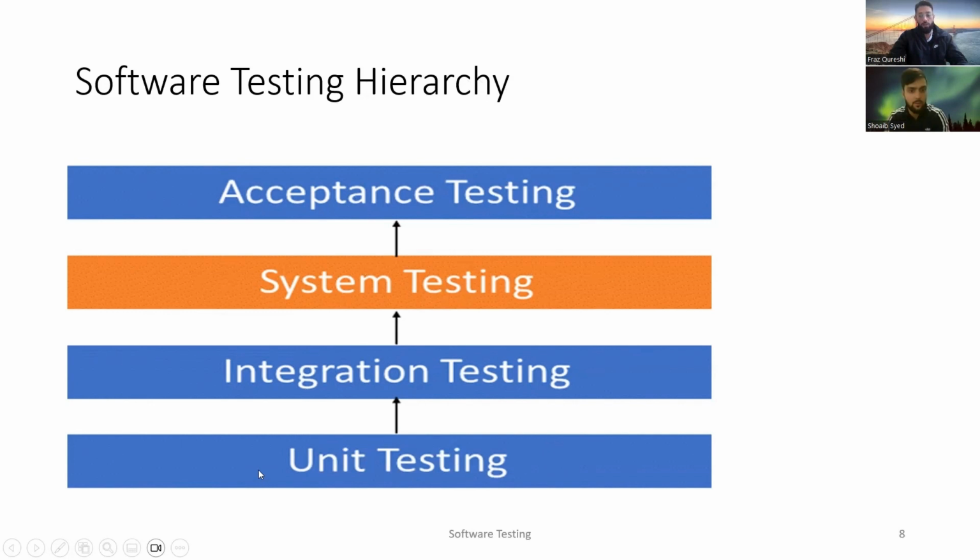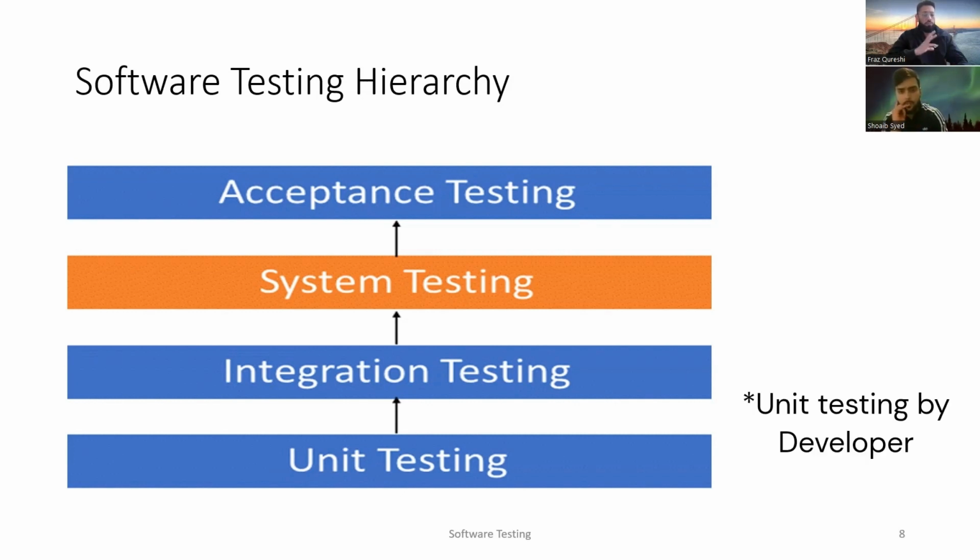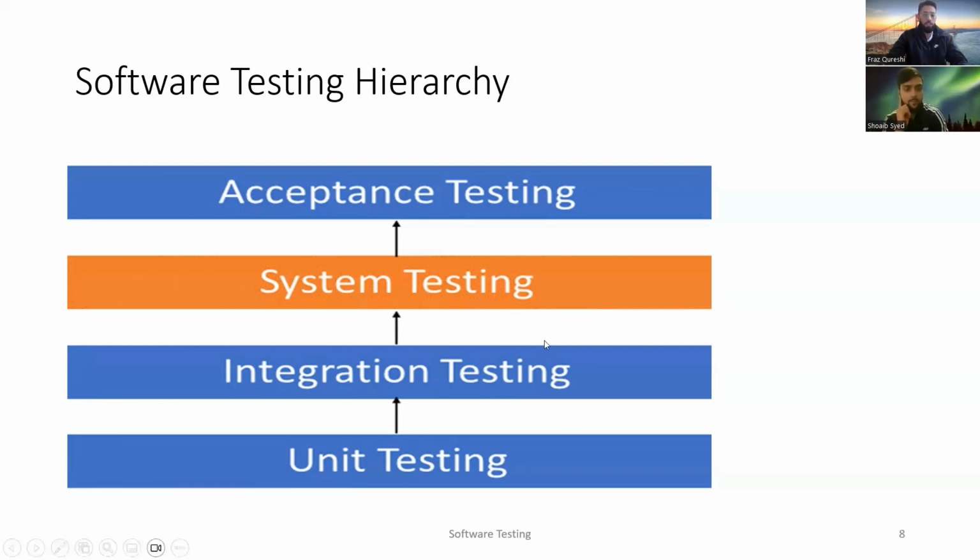You can think of it as one unit developed by the developer, and then the same unit gets tested by the developer, not the tester but the developer. We'll have more detail coming up on unit testing later on, but unit testing itself basically gets done by the developer.